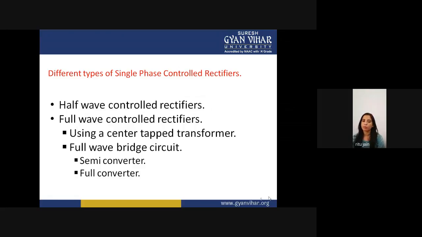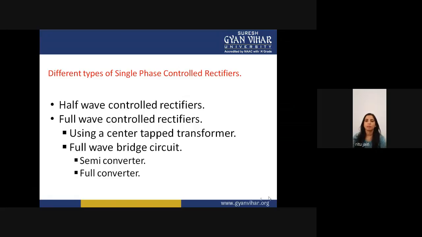In a single phase converter, whether it is a half wave control rectifier or a full wave control rectifier, you are using only one phase and one neutral wire. Okay? And the components required to make the half wave rectifier and full wave rectifier in single phase are fewer than the components required in a three phase controlled rectifier, right?